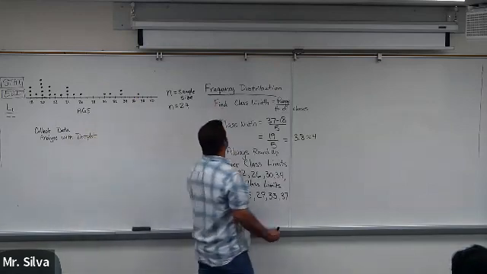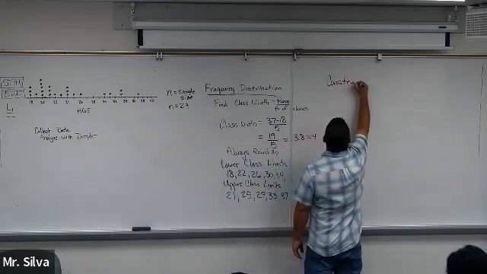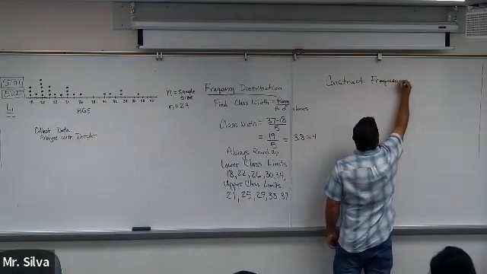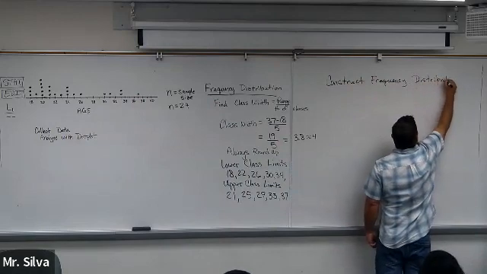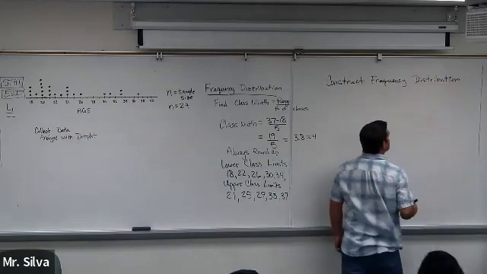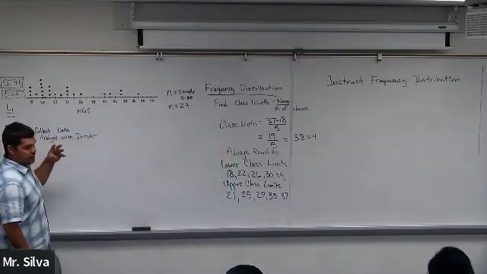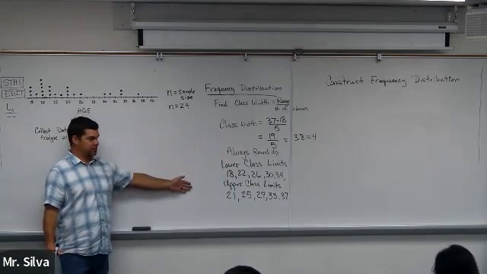Now we're going to construct the frequency distribution. Why did you start with 21? Because there's 4 years, so from 18 to 21, we feel like there's only 3 numbers.